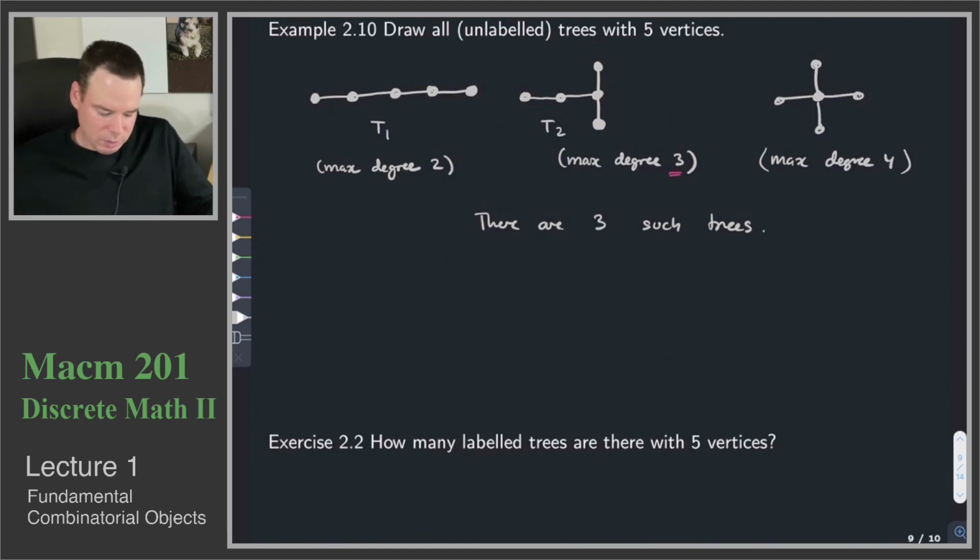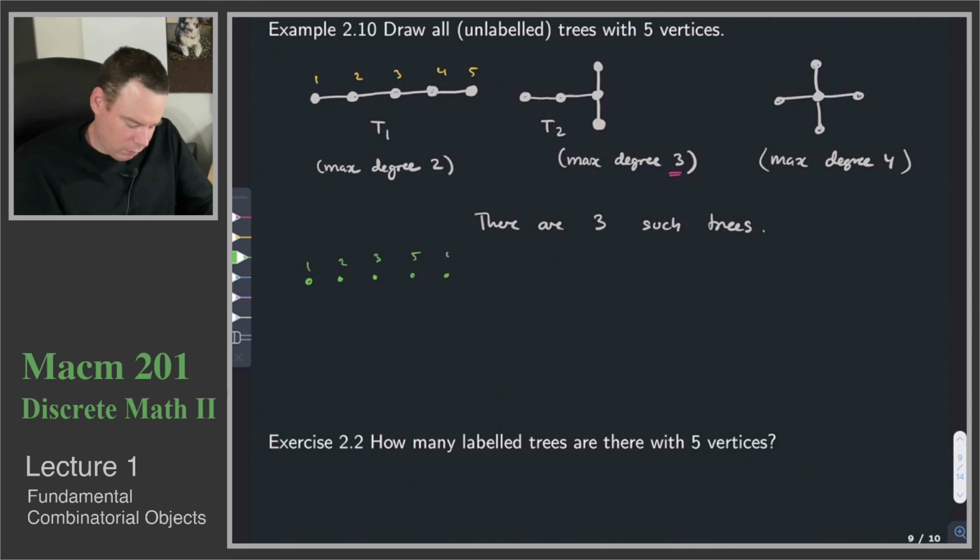Then we could ask questions such as, how many labeled trees are there? If I was to actually put labels on these vertices, then there will be more trees because, for example, if I was to stick the labels 1, 2, 3, 4, 5 on that tree, but then I was to consider the tree that had labels 1, 2, 3, 5, 4, those would be different as labeled trees.